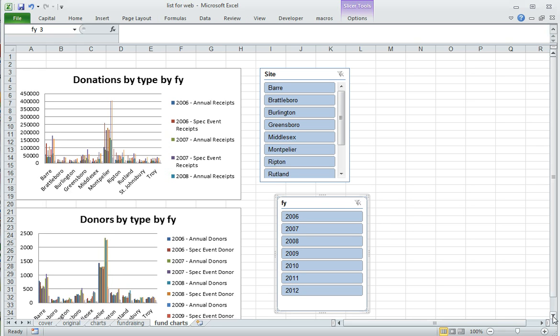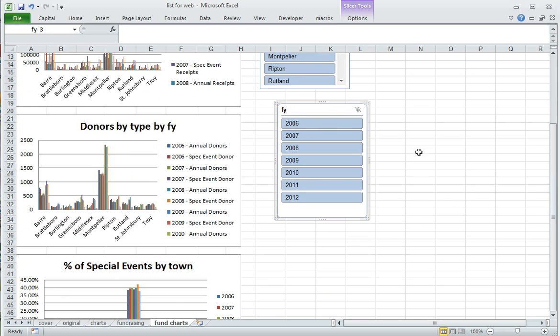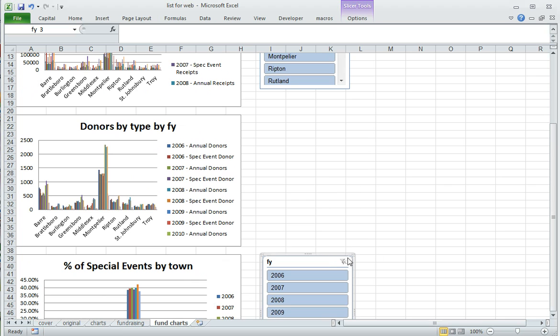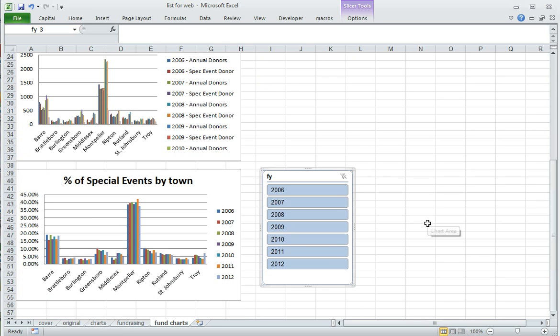You can look at a whole bunch of ways of looking at data. Also, a different way of dealing with that same database is to try to see what towns contribute the most money. And this is the total special event income by year and the percentage that each town gave to that. And you can see Montpelier has generally been a leader.